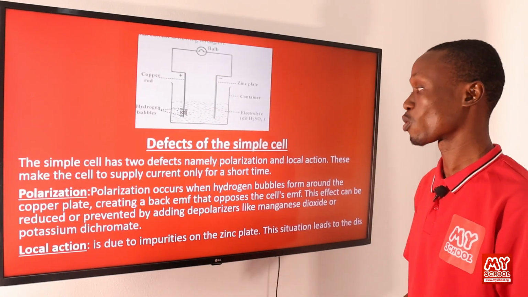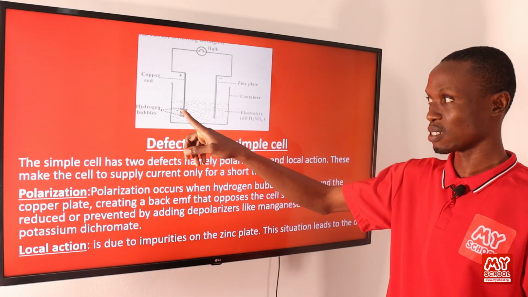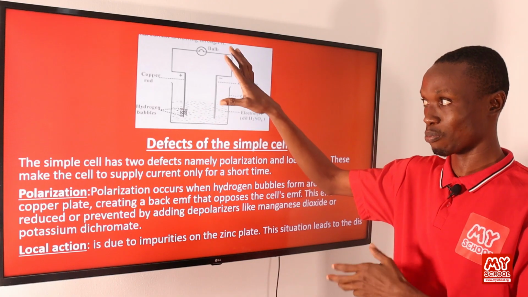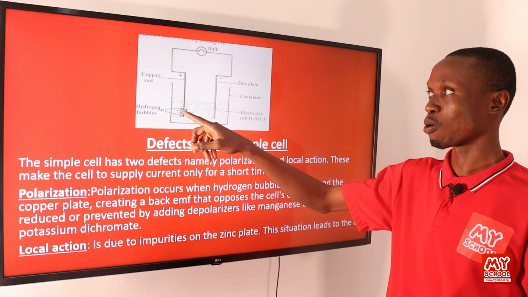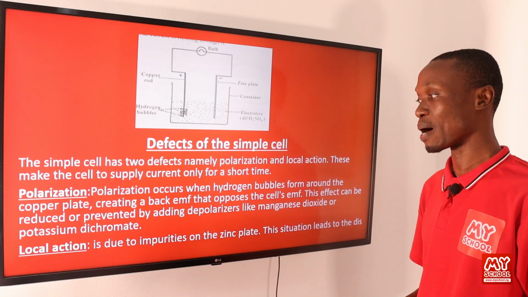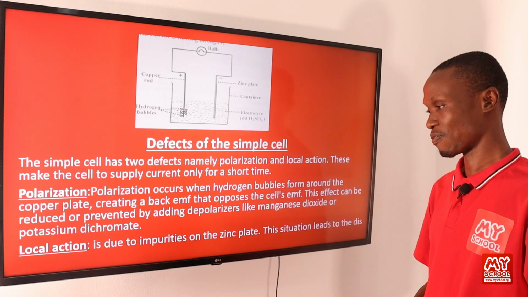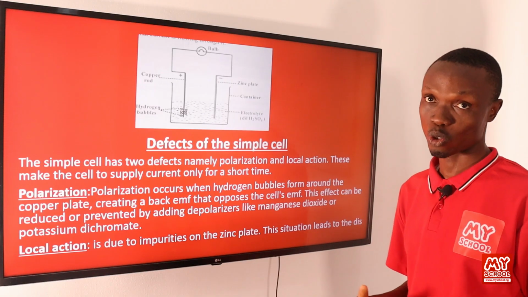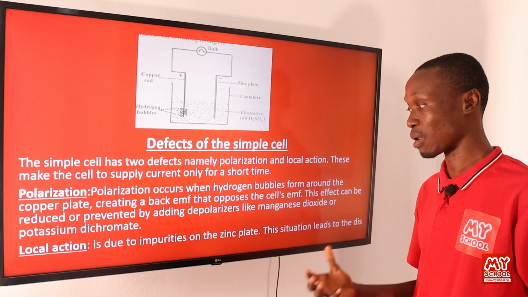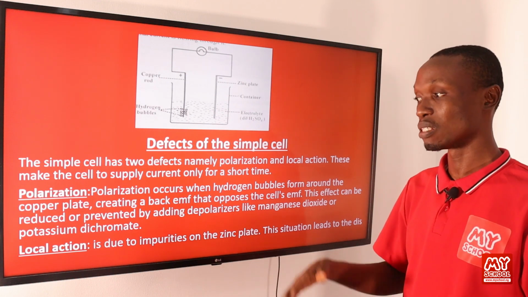Polarization occurs when hydrogen bubbles form around the copper plate, as you can see in the diagram of the simple cell above. These are hydrogen bubbles around the copper plate or the copper rod, creating a back EMF that opposes the cell's EMF. This effect can be reduced or prevented by adding a depolarizer like manganese dioxide or potassium dichromate.